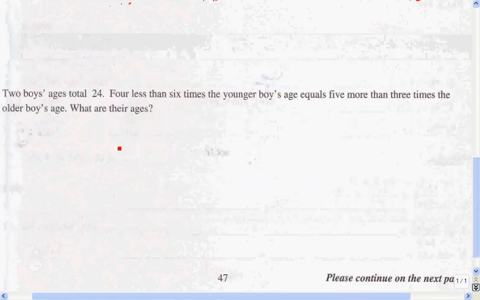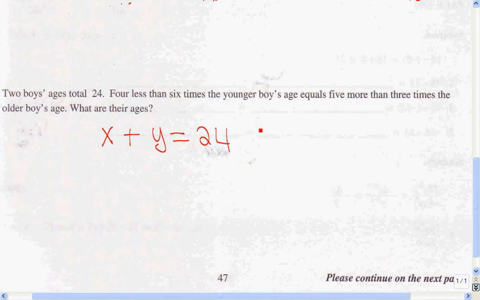This word problem tells us that two boys' ages total 24. So the two ages, when you add them together, equal 24. 4 less than 6 times the younger boy's age, so 6 times the younger boy's age minus 4 equals 5 more than 3 times the older boy's age.